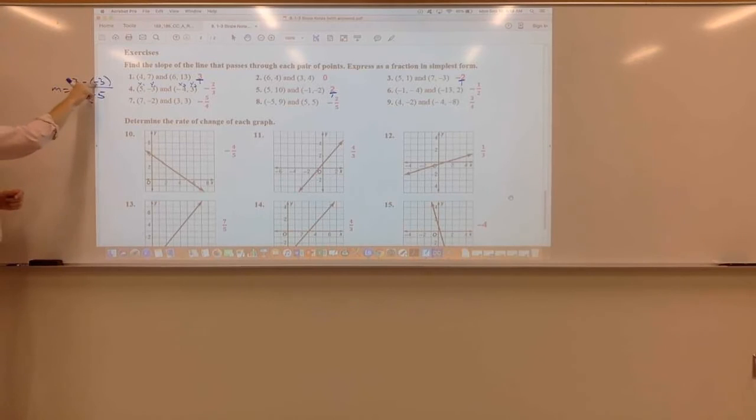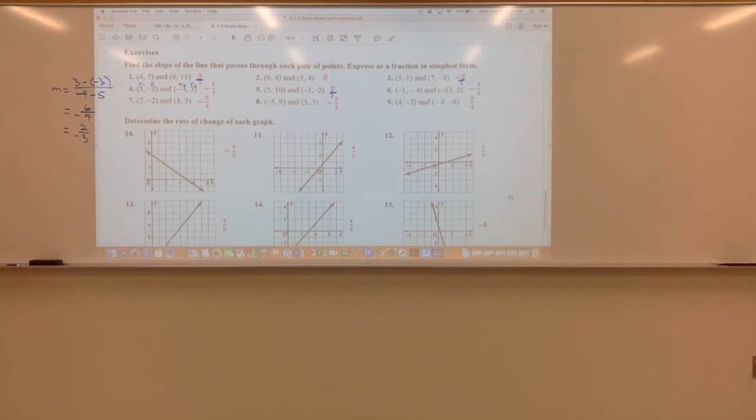So 3 minus negative 3 is the same as 3 plus 3. That'll be 6 over negative 4 minus 5, which would be negative 9. If I reduce this, both of these are divisible by 3. So 6 divided by 3 is 2. Negative 9 divided by 3 is negative 3. So that's how we get negative 2/3.